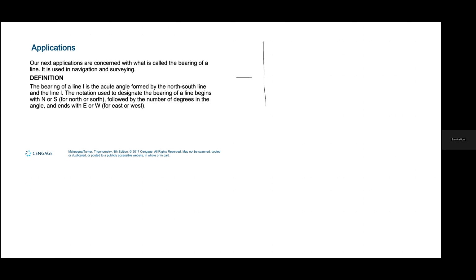And this is mainly used in navigating and surveying. So what does this exactly mean when they say bearing? Well, for this, we need to think about a compass. So any compass, we put north, east, south, and west.